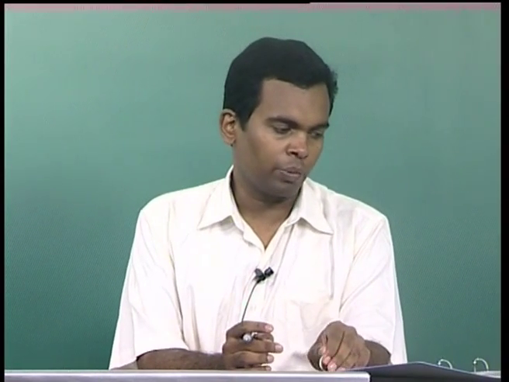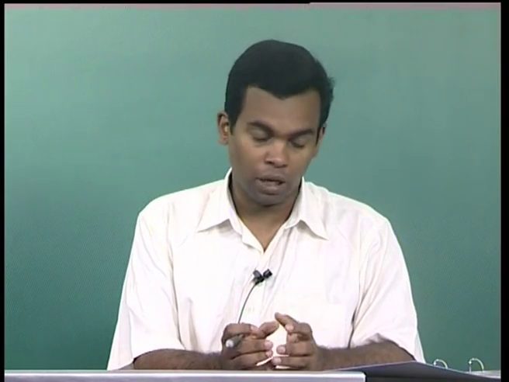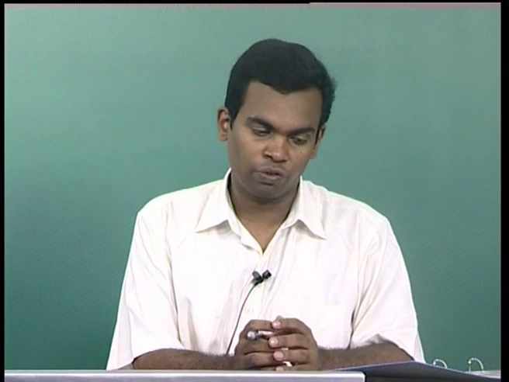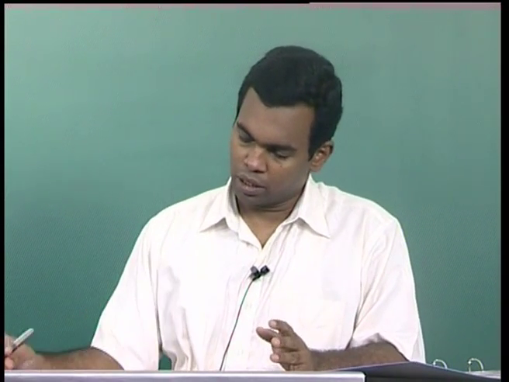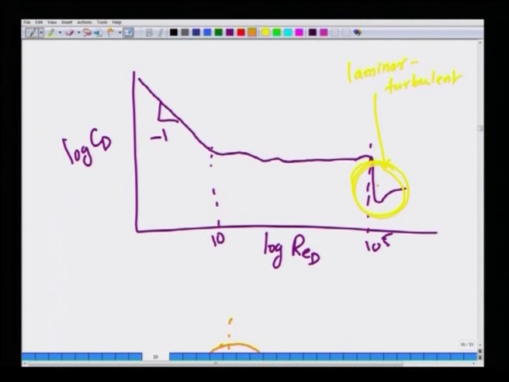So that is a peculiar feature of laminar turbulent transition, a peculiar feature of drag forces on blunt bodies such as flow past a sphere, that there is a sudden decrease in drag when the flow undergoes the transition from laminar to turbulence, because the separation is delayed in a turbulent flow compared to laminar flow.